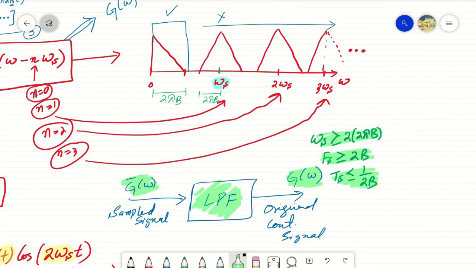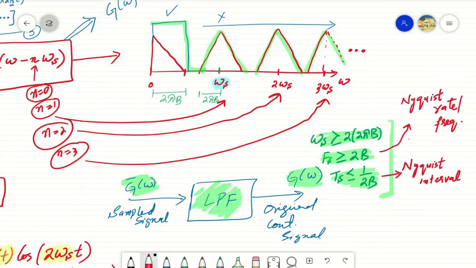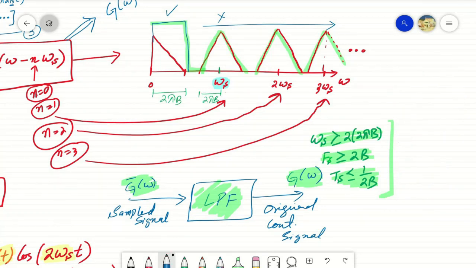While in this reconstruction example, we have considered an ideal low pass filter which ideally passes one copy of this g of omega's representation in g bar of omega and stops all the other copies of the signal which are at higher frequencies. So this definition is referred to as Nyquist rate or Nyquist interval, or this theorem can be referred to as Nyquist sampling theorem.